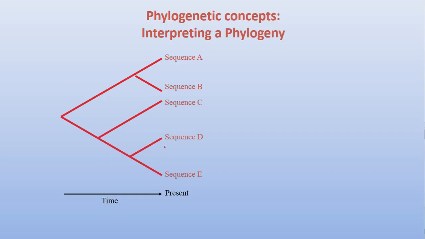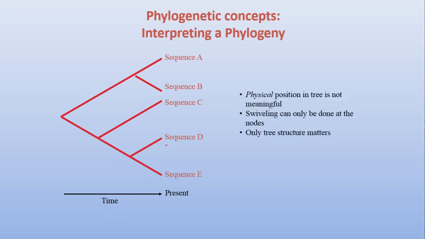The first thing you should know is that the physical position of the different species in the tree is not very meaningful. It doesn't really matter where the sequences or species are located in the tree.